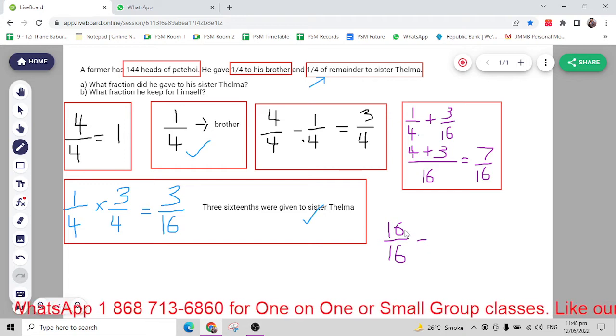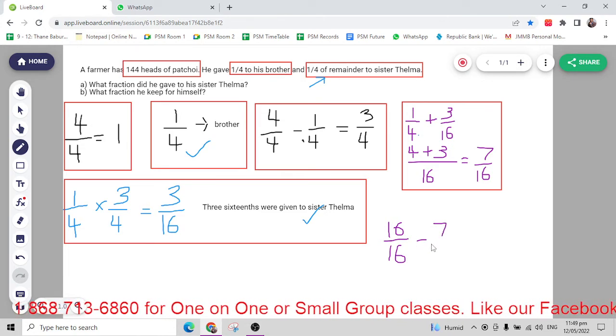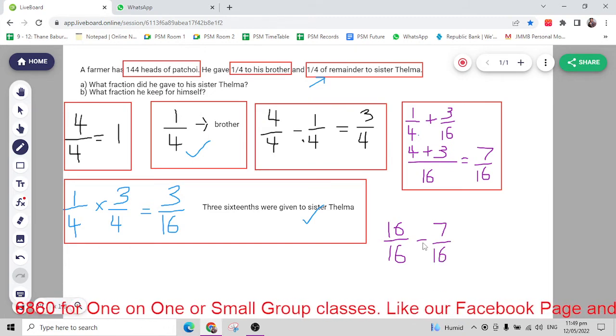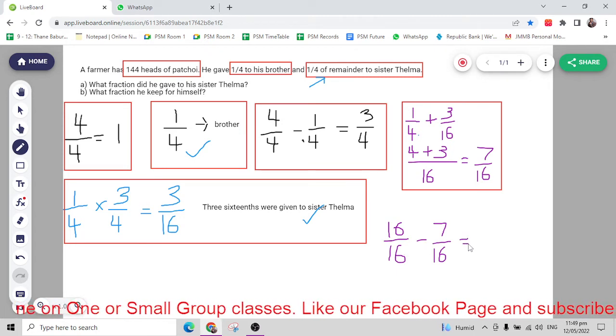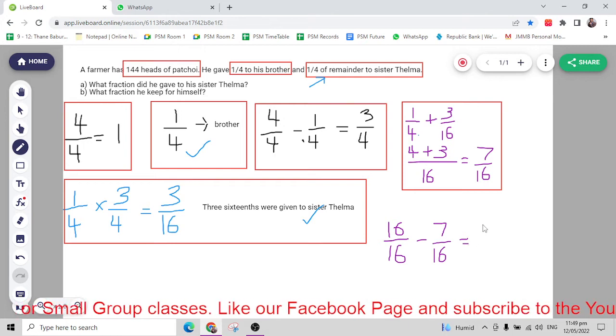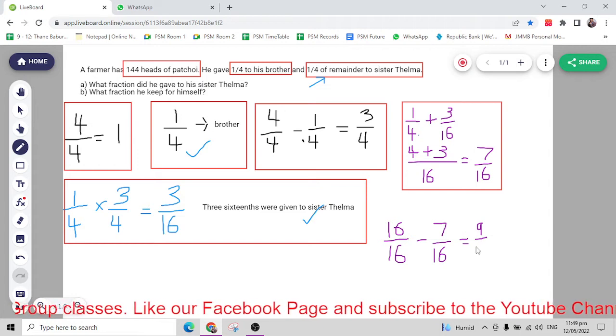So we take 16 over 16 minus 7 over 16, the fraction given away to others. That is going to give us, guys, 9 over 16.